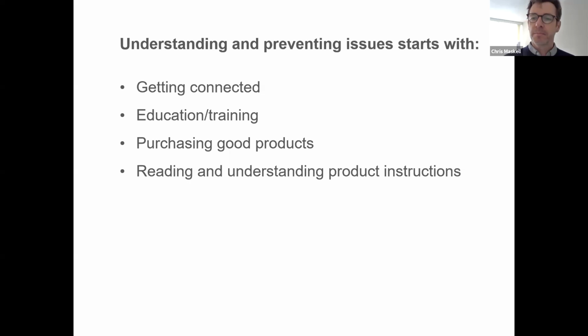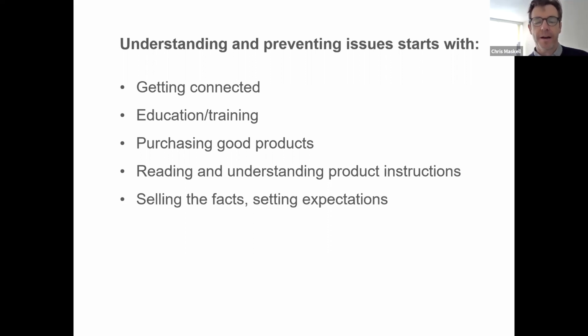Make sure those products come with good installation guidelines and warranty instructions. If they don't come with that literature, don't buy the product. It should be clear about how you should be installing the product so that your warranty is left in place.